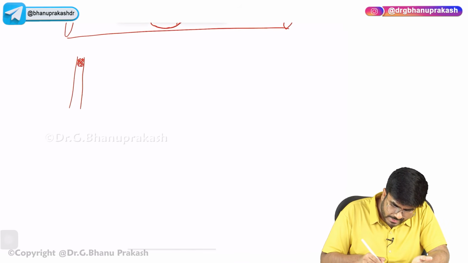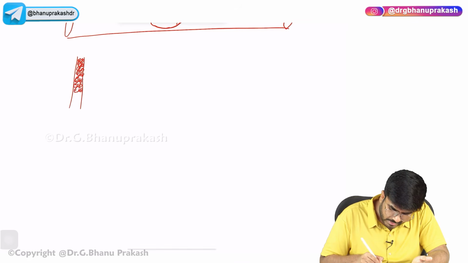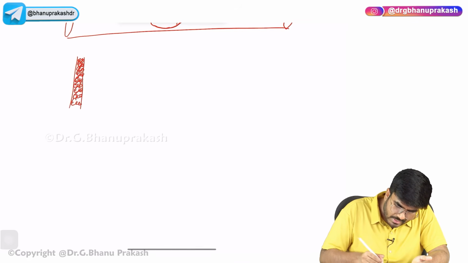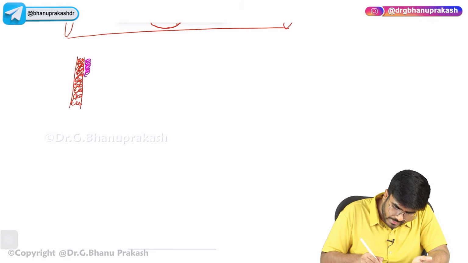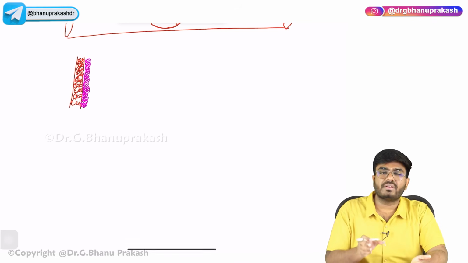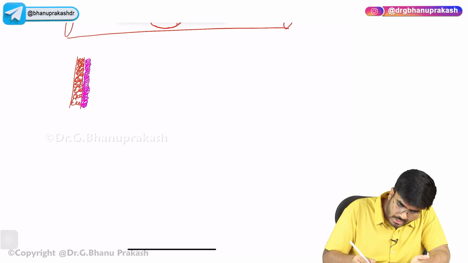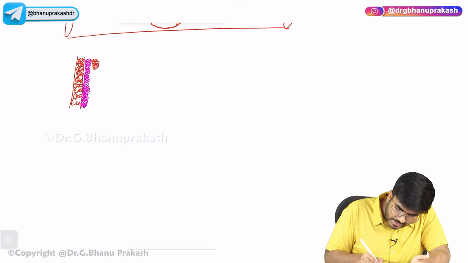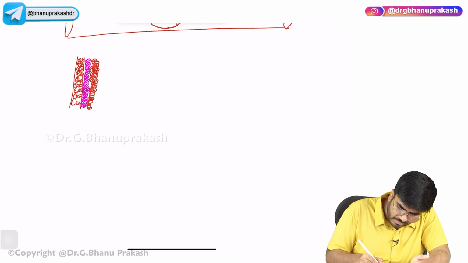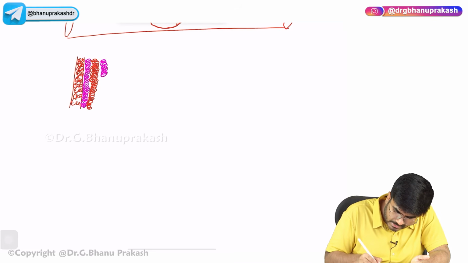Now on the RBCs and platelets, you are seeing an area of fibrin, coming and stabilizing the clot. Again an area of RBC and platelets, and again an area of fibrin deposition, stabilizing the clot.